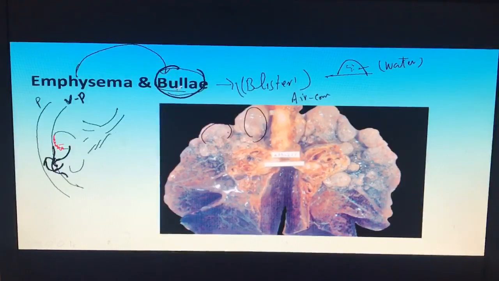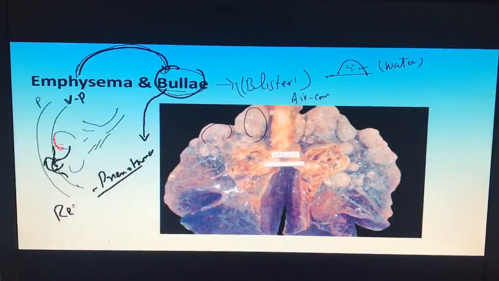So emphysema leads to bulla, and the bulla leads to the development of pneumothorax. If the patient has a lot of bulla, the pneumothorax does not happen just one time. It can happen again and again. It's a recurrent pneumothorax.